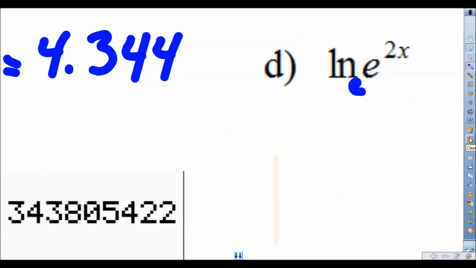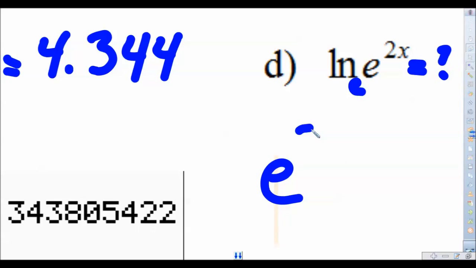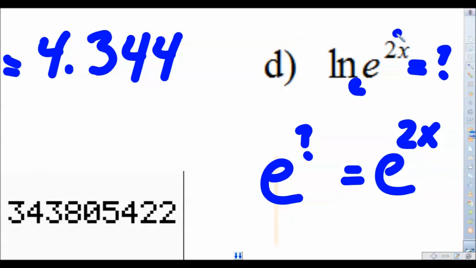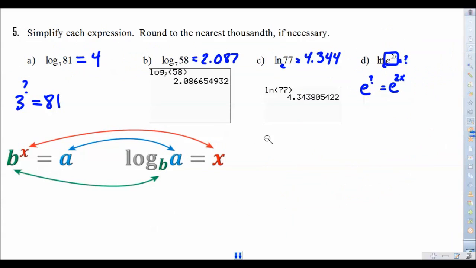So if we have the natural log base e of e raised to the 2x, and we're trying to figure out just what that's equal to, remember, rewriting this, we have e raised to some unknown power is going to be equal to e to the 2x power, right? Because this whole thing right here, we can kind of picture that whole thing being just this a value right here. So when we rewrite that, that whole a value moves over here. So doesn't that mean that this answer right here is nothing more than just 2x?